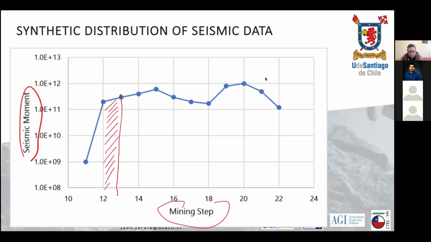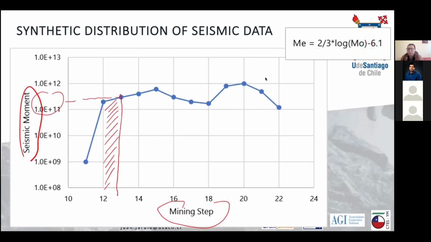Now, seismic moment values are really large numbers, like 10 to the power of 12, 13. So for this work, I will convert seismic moment values to a moment magnitude.